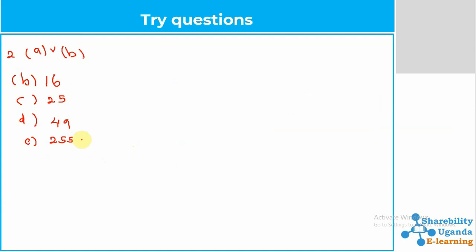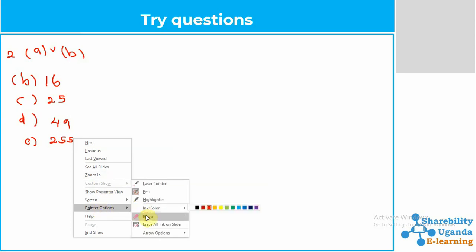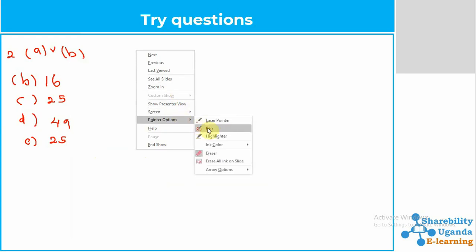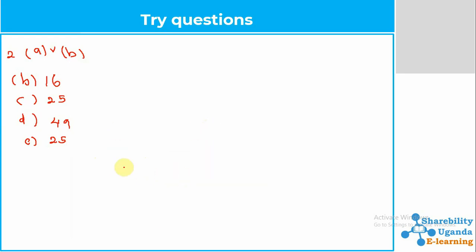So this was 225. Shall we rub that? We are saying this is our 225. Then our other part is 81. For all these numbers, they just want us to find the square root of these numbers.